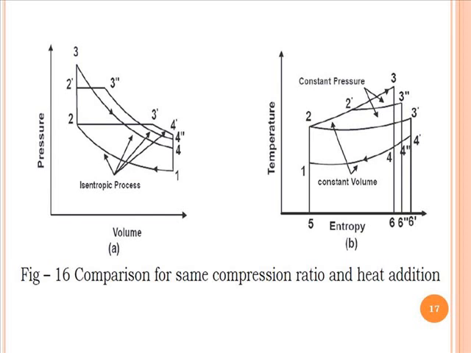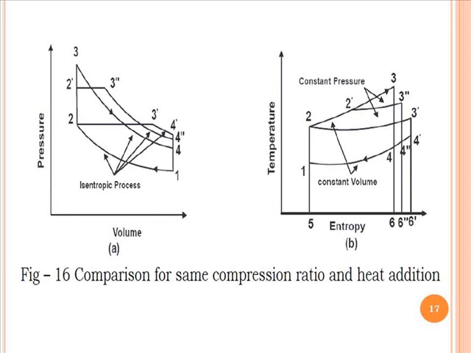All the cycles start at the same initial point 1, and 1 to 2 is the compression process, which is the same in the PV diagram for all the cycles.